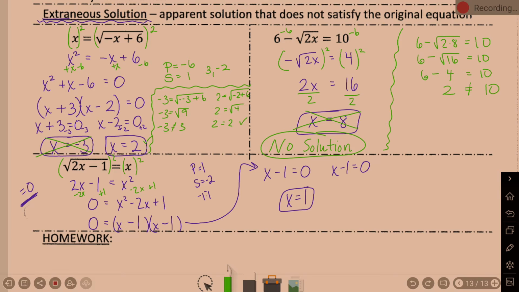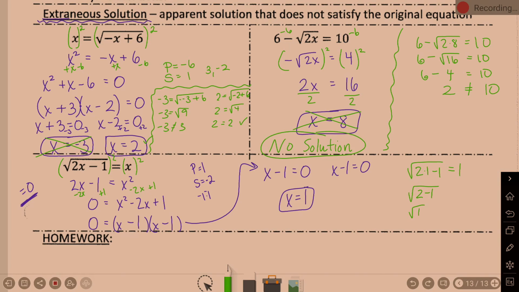So if I check the square root of 2 times 1 minus 1 equals x, which is 1. 2 times 1 is 2. 2 minus 1 is 1.